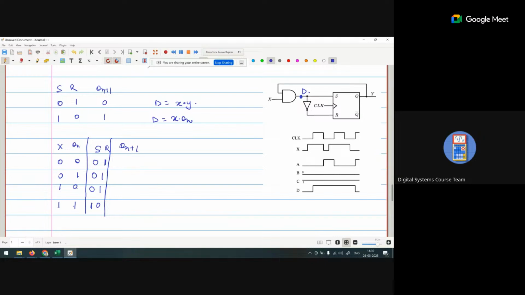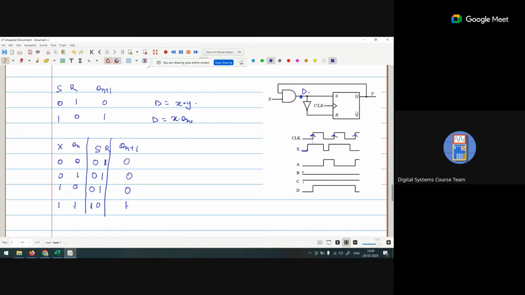Now if S and R both are 0, 0, it is a 0, 0, 0. So first of all, check it is a clock first. 1, 2, and 3.